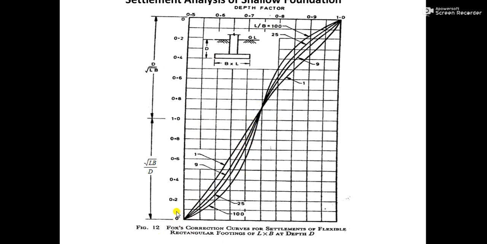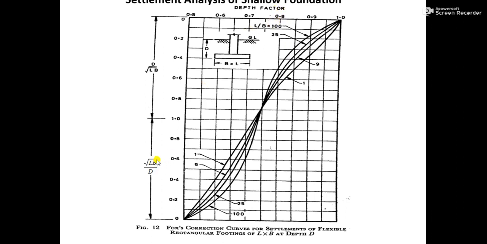Okay, let me explain one point again. If you get d root over of LB equal to 0.6 and it is a square footing, you drop a perpendicular from here, and you will get a depth factor of 0.881 or 0.82, something like that.